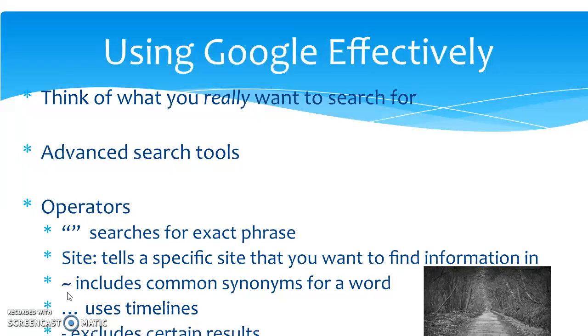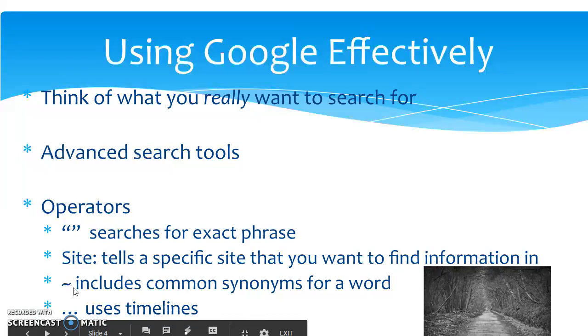So maybe you are searching for school start times, and if you put this at the beginning of the word school, it's also going to give you the words university or college or daycare, that kind of thing too. Other things that you may want to look for besides just that one word.